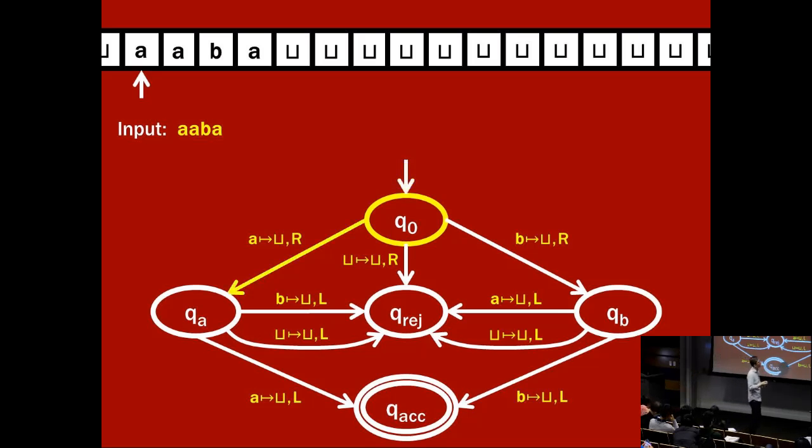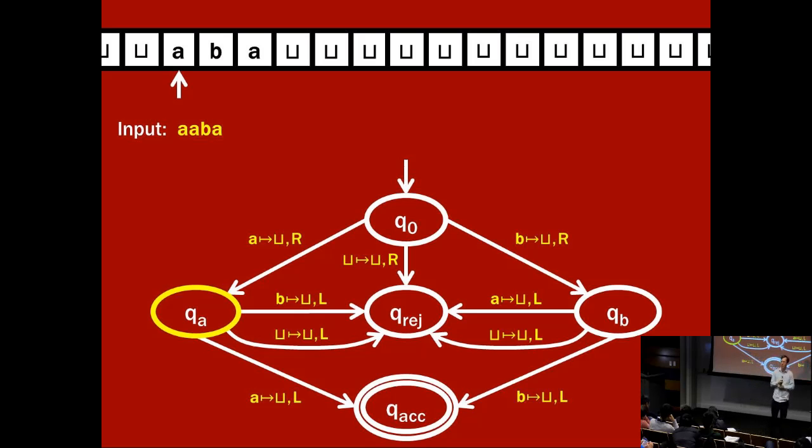Yeah, exactly. So you look at what cell in the memory you're at, A. So you follow the arrow that starts with A, which is this one. And that tells you to write a blank into this cell and move the head to the right. So that's what we're going to do. Put in a blank and move the head to the right. And now we got into this state, QA. So, OK.